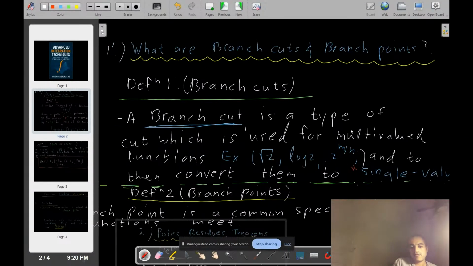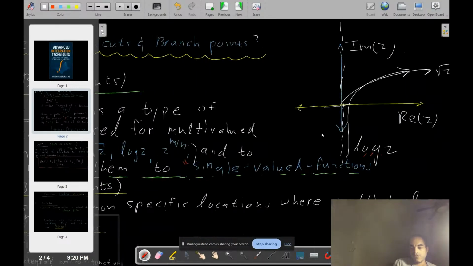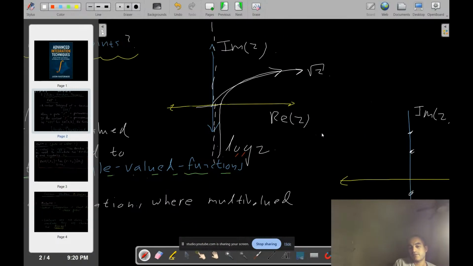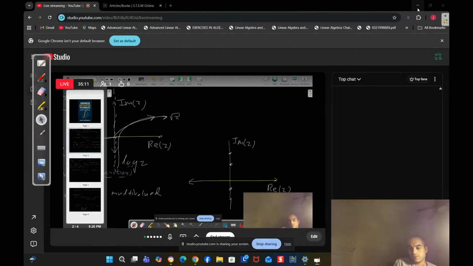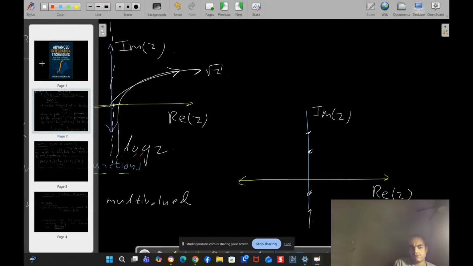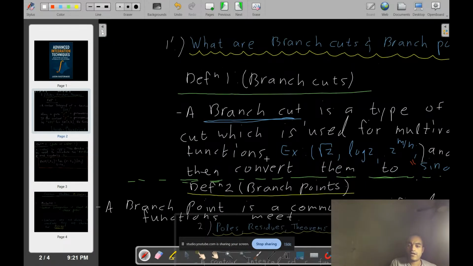Those are examples of multi-valued functions. And as I said, all a branch point is, is the common specific location where those multi-valued functions meet. Any questions? Anybody in the chat? Any questions on multi-valued functions, what a branch cut or branch point is?